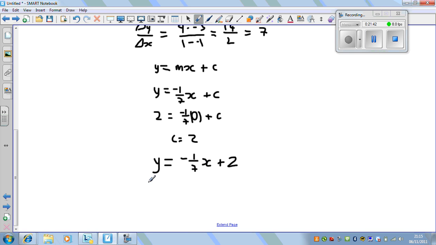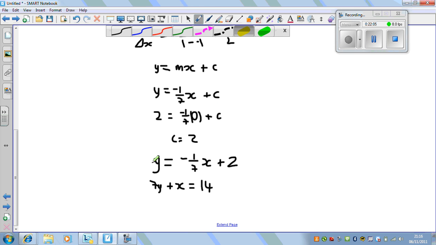So what I'm going to do is multiply everything by 7 to get rid of that seventh. So we get 7y, and I'm going to add the x as well. 7y, add x to get rid of that negative, is equal to, well, I've got to multiply that by 7 as well, so that's 14. In the exam, if they don't ask you which way you prefer it, you can put either way. But there's the two answers.